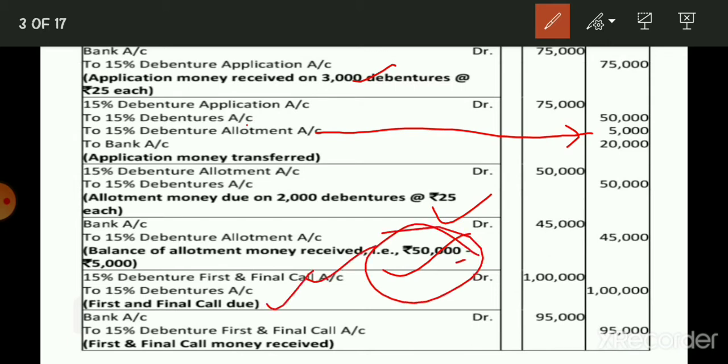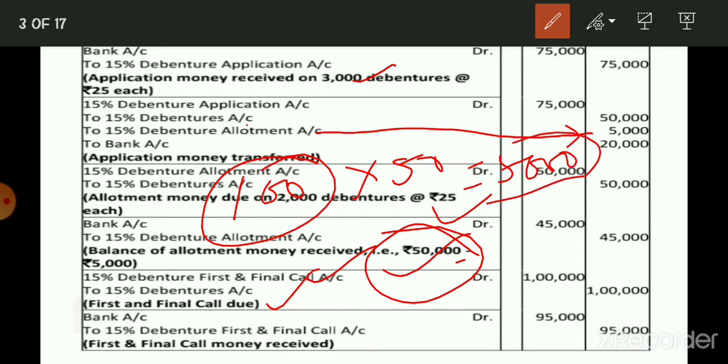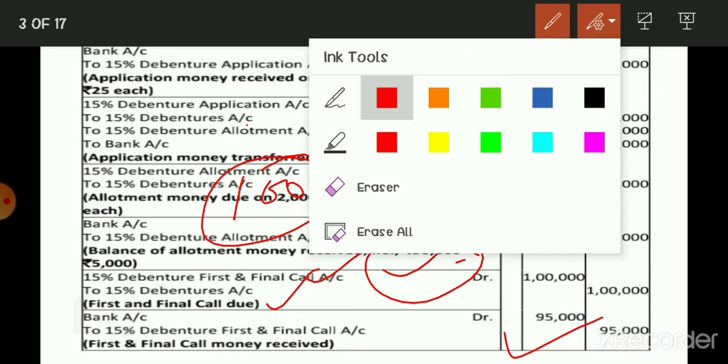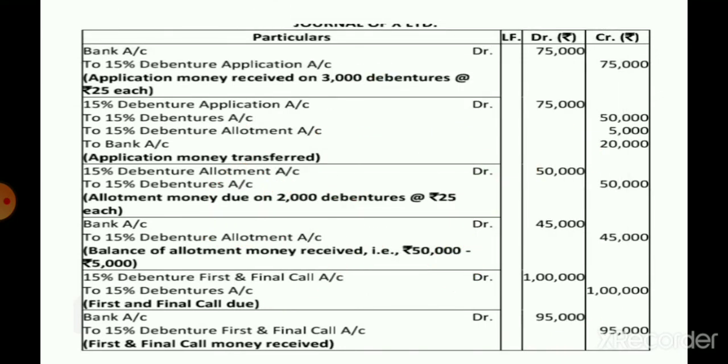Final call is due, but as mentioned in the question, on 100 debentures a person does not pay the money. So on 50, the 5,000 rupees is not received, that will be less from the received money, right. This question is quite simple, you can easily solve this and easily calculate how much money you have received.